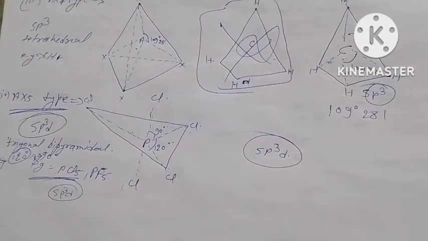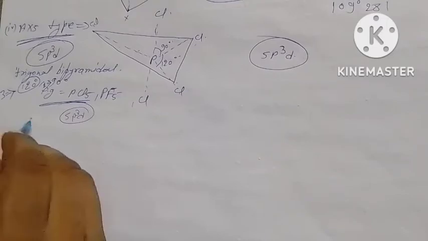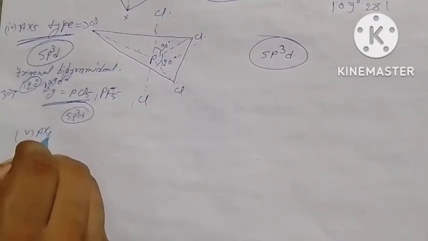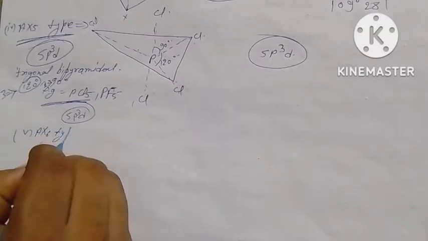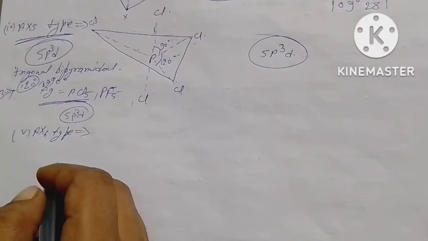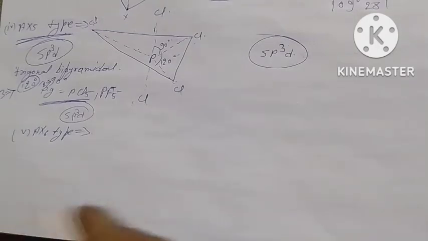And next, fifth number, AX6 type. This type of molecule contains only 6 bonded pairs and no lone pairs.